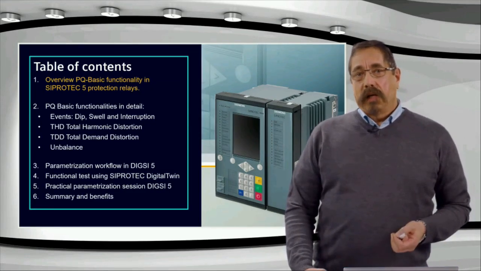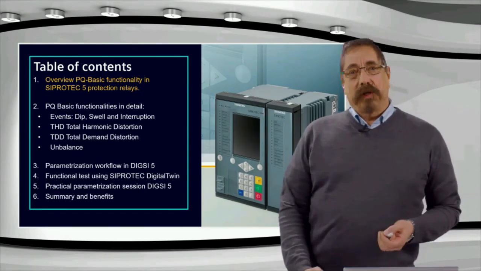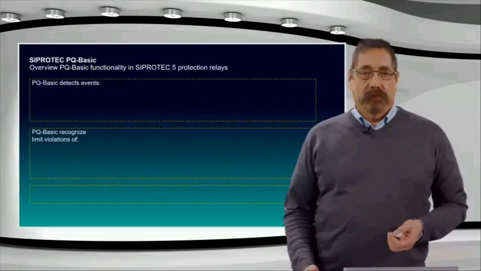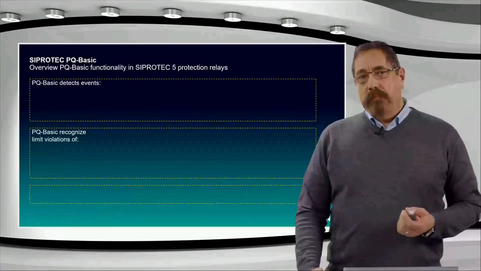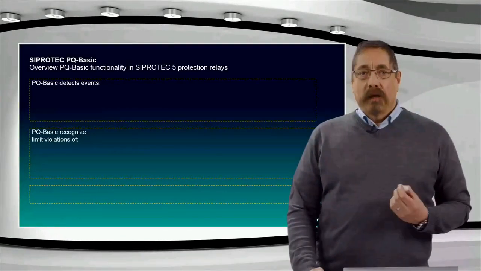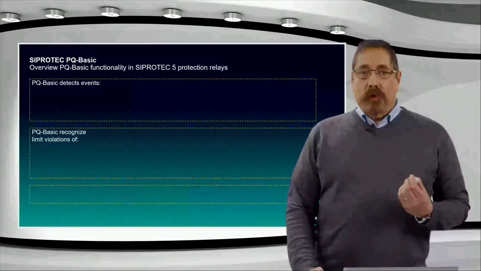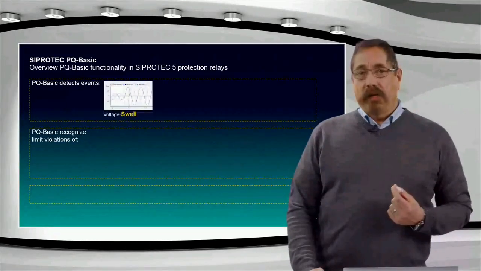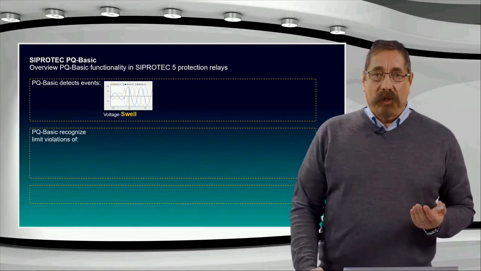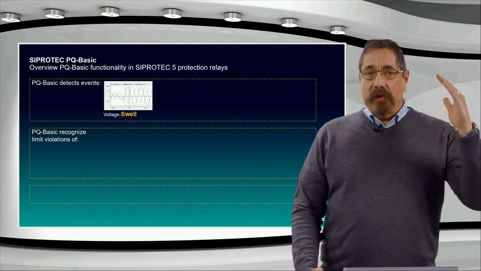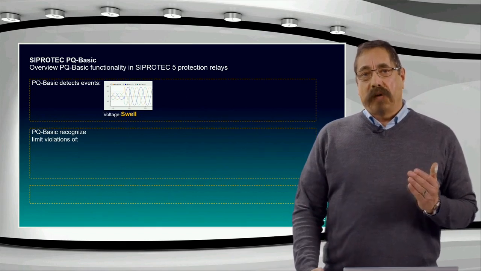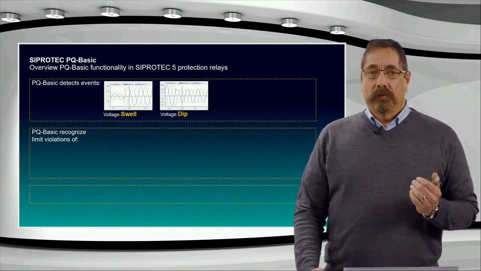All right, let me introduce you to the PQ Basic concept first. On the one side, PQ Basic classifies, with reference to the measured signals, so-called events. We differentiate three kinds of events. The first is a voltage swell, meaning as soon as an upper limit is overstepped, the algorithm classifies that as a swell.